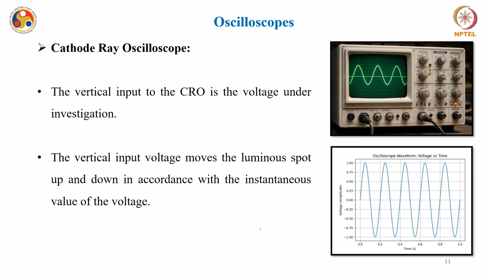We have already seen that there is a provision for sweeping from left to right, and when it has swept from left to right, it also has the capability of coming from right to left. But at the same time, you have independent movement of this spot on the screen in the vertical direction. It means that you can place this spot ideally at any position on the phosphor screen.